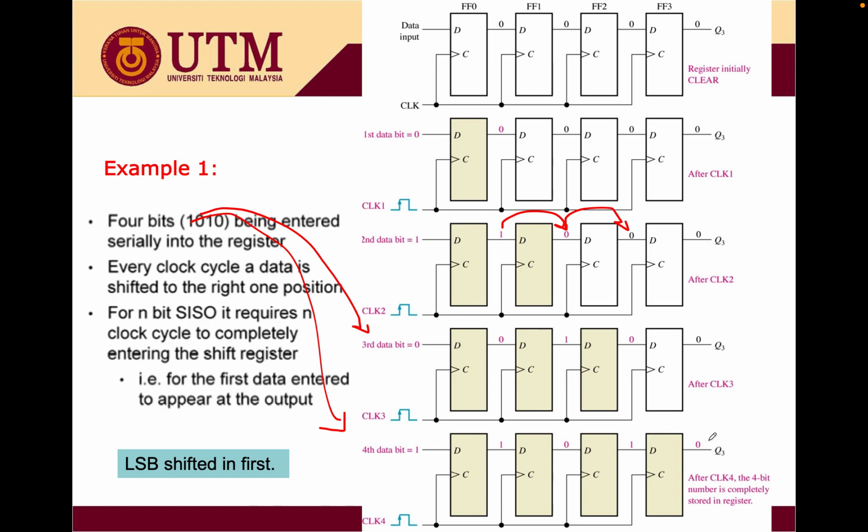You can see this will be shifted 0, this will be shifted 1, this will be 0, and then this is 1. After clock 4, the 4-bit number is completely stored in your register. So that is in terms of the example. If you have a 4-bit 1010, okay.